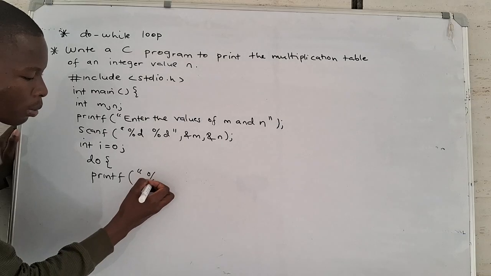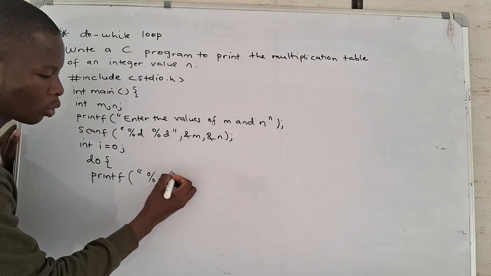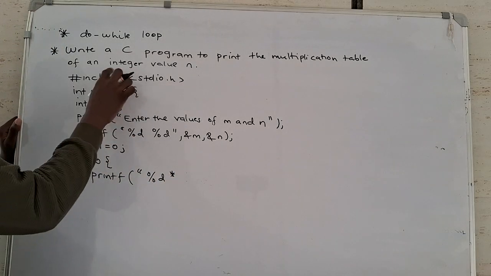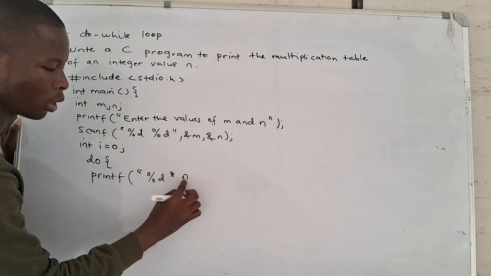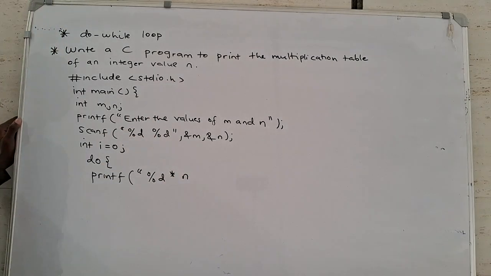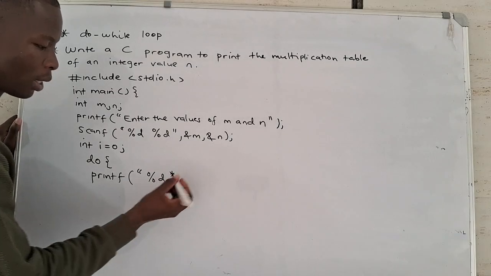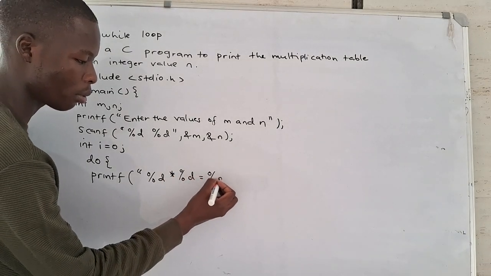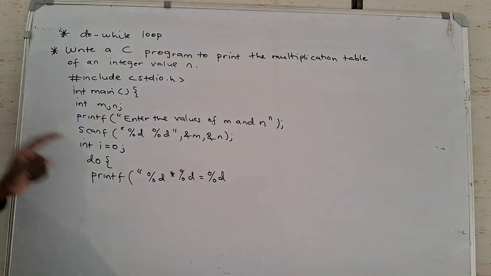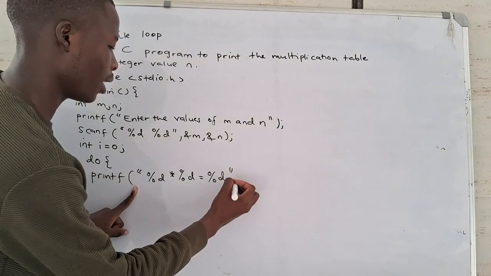We are supposed to print %d into n here, the multiplication table of an integer value n. Or you can say %d into %d is equal to %d. It's okay. Then you close like this.